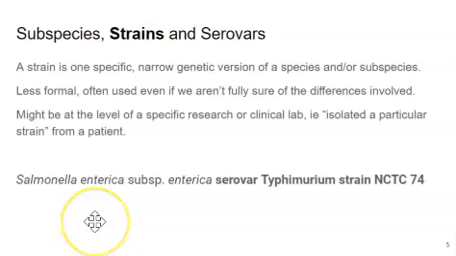A strain is an additional level of categorization, and strains are a much less formal category. They're generally assigned by the lab that discovers the organism. They might be from a particular region or a particular patient if it's from a clinical lab, a particular strain, and there's probably some genetic differences between this strain and other strains, but it's not necessarily well established.